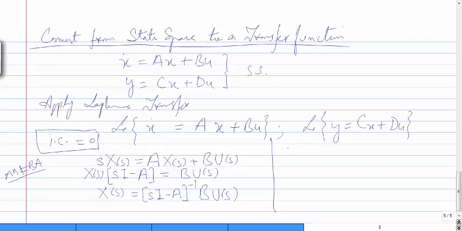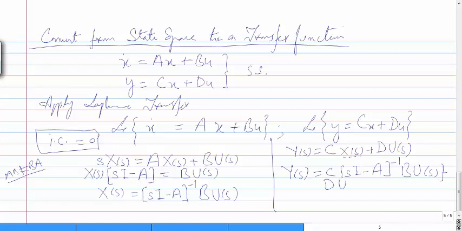Now if we apply the Laplace here, it becomes Y of s equal to C X of s plus D U of s. You know that the transfer function is a ratio of output to input. Output is y, input is u, so we have to put the value of X of s here. So it becomes Y of s equal to C (sI minus A) whole inverse B U of s plus D U of s.